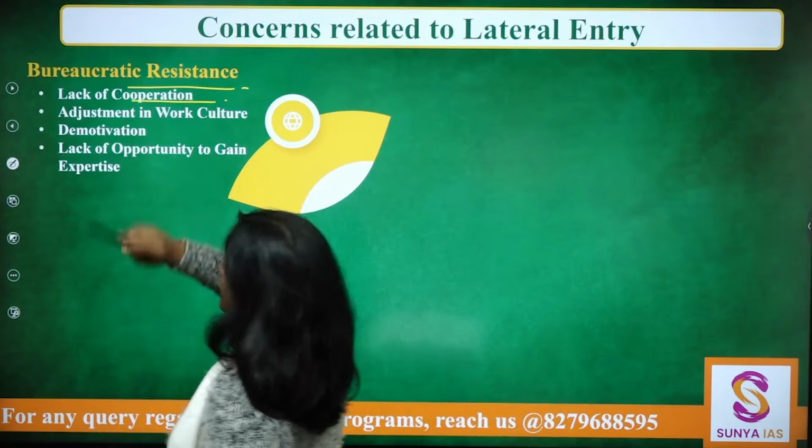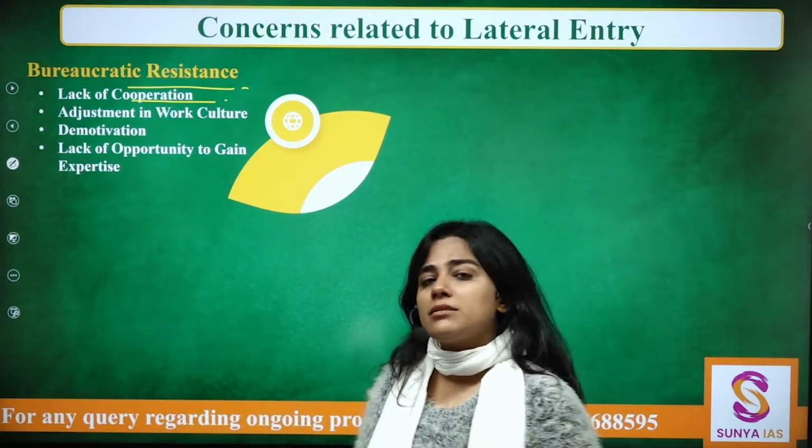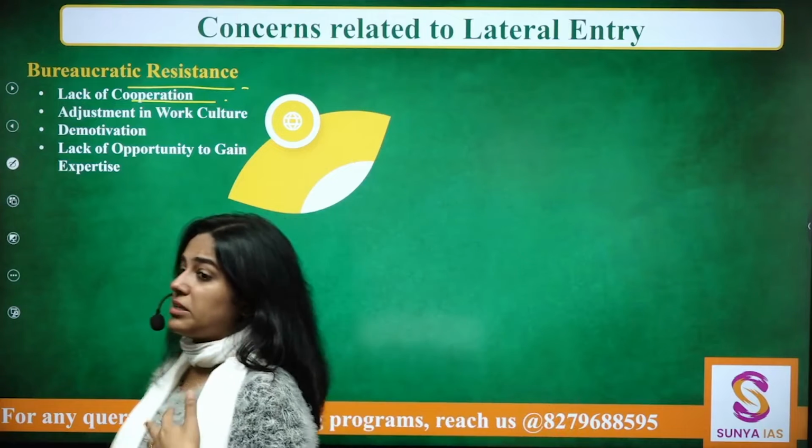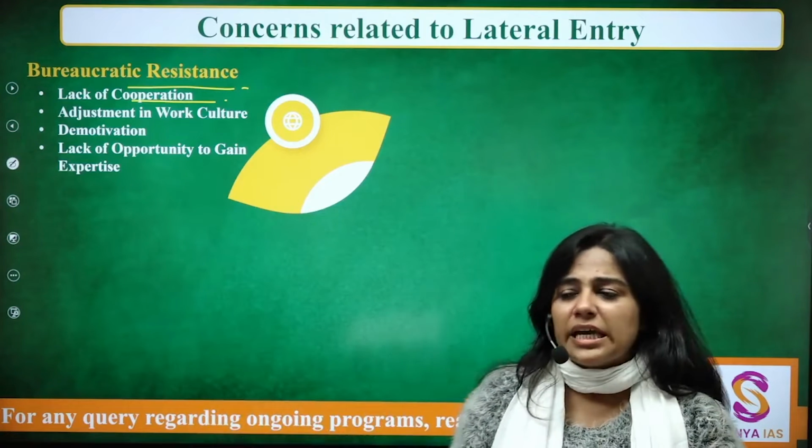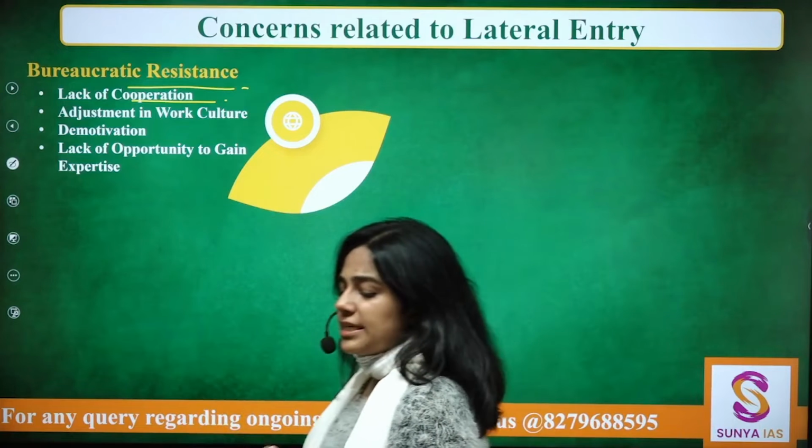So lack of cooperation. Then even within, as I told you, the private sector is used to working in a certain manner where there is competitiveness, cutthroat competition. If you talk about profits, even if there is a 1% or 2% decline in profit margins, there are meetings which are called, there are proper strategies which are created to actually correct the pathway, right?